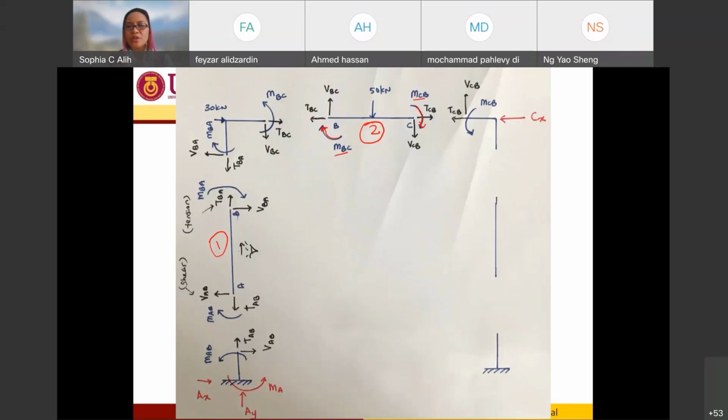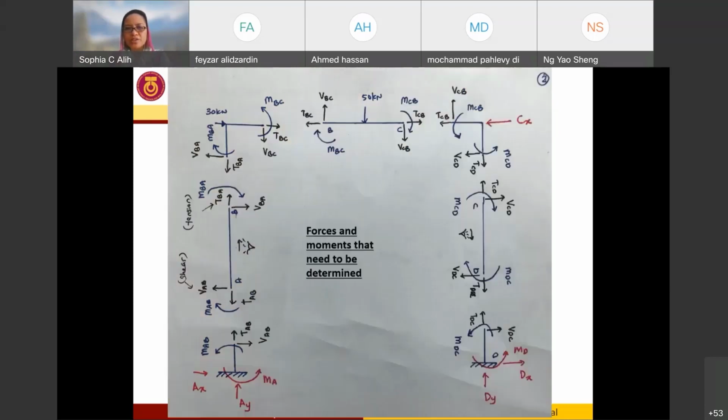So until you come to the condition from the second element, and you do the same for the third element, and from the third element again you balance until finally you are able to get all the internal forces, and from the internal forces again you balance in order to get your support reactions. So in the end, these are the forces and moments that you need to determine using the slope deflection equation in order to analyze your structures.